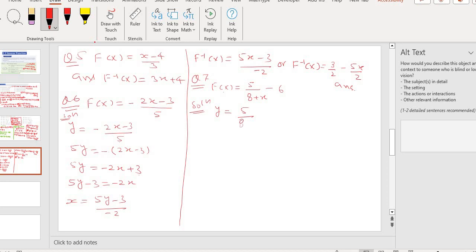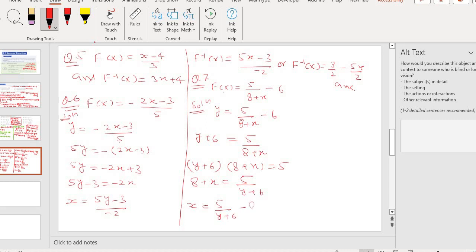Now move this here. So it becomes y plus 6 is equal to 5 divided by (8 plus x). If you again multiply, it comes (y plus 6)(8 plus x) is equal to 5. So I can write 8 plus x is equal to 5 divided by (y plus 6). Therefore x is equal to 5 divided by (y plus 6) minus 8.